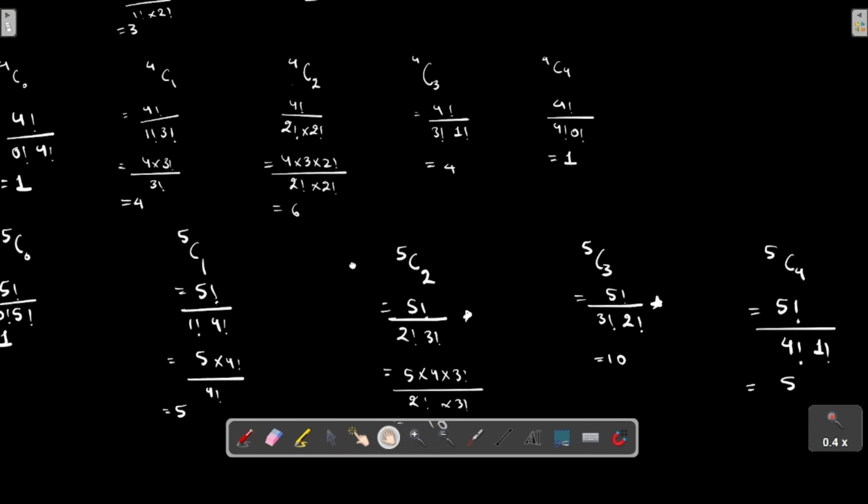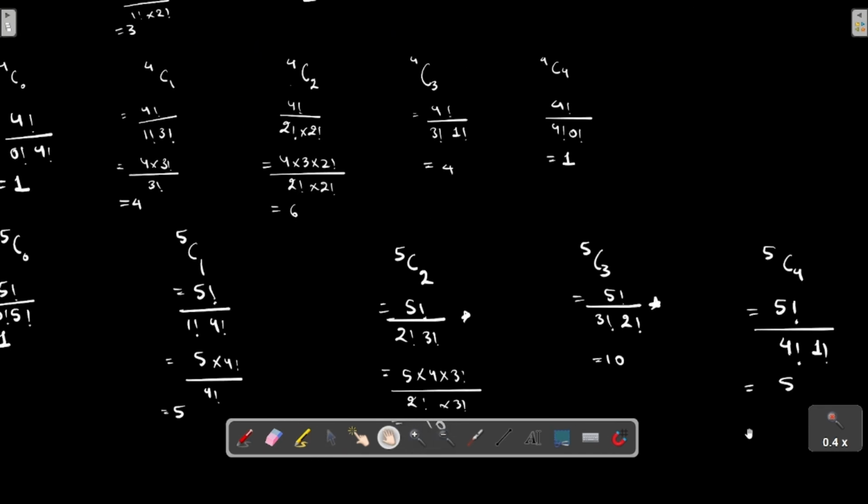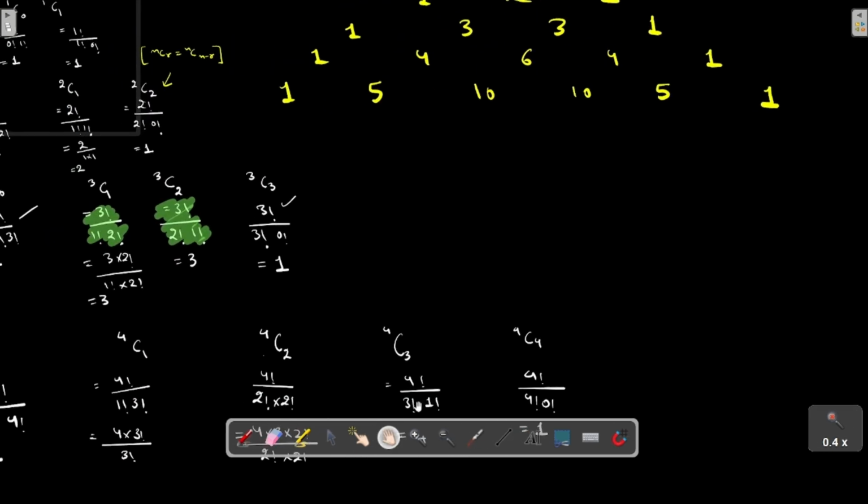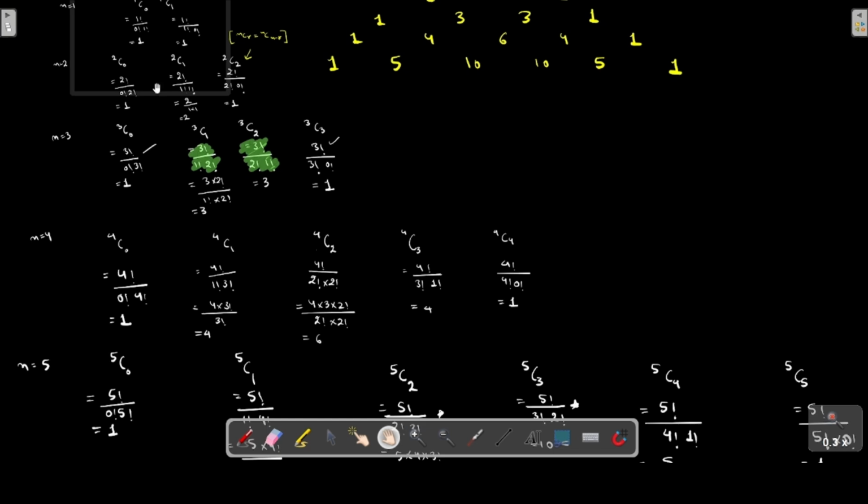When you have 5, you have 1, 5, 10, 10, 5 and 1. I have just arranged all the things that I have got using the formula nCr.